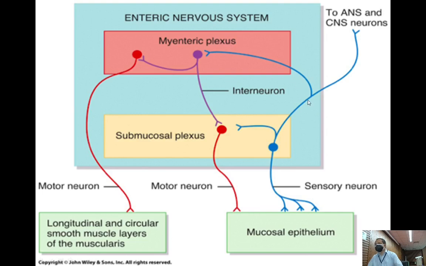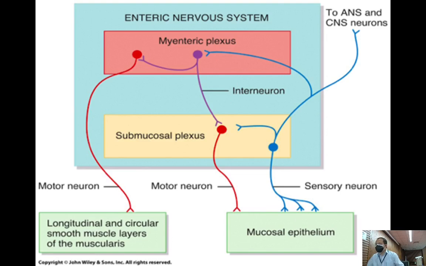The sympathetic chain arises from T5 to, I think, thoracic and lumbar, yes. Parasympathetic is basically the craniosacral outflow, comprising cranial nerves and sacral nerve, like the pelvic nerve.